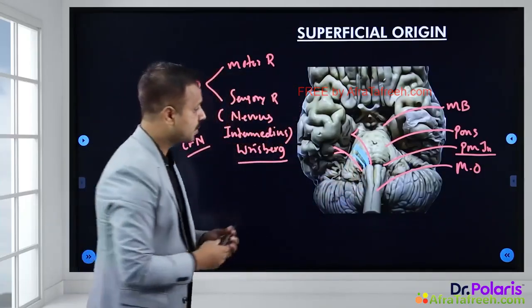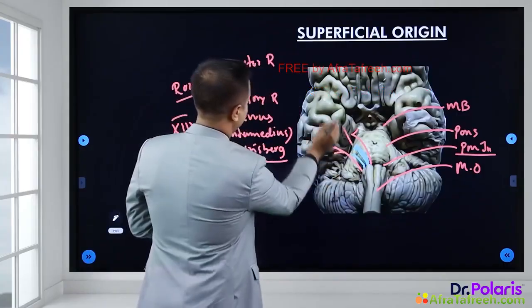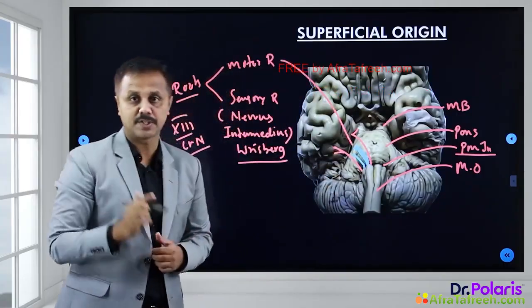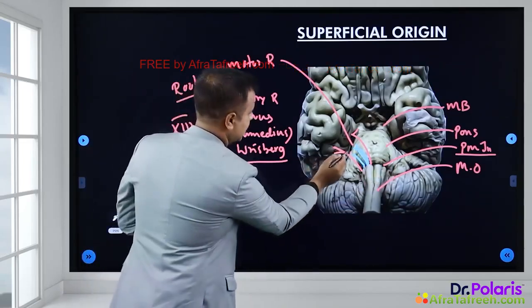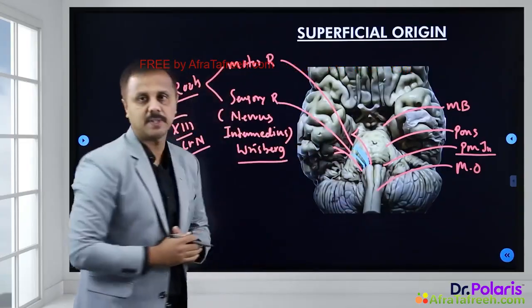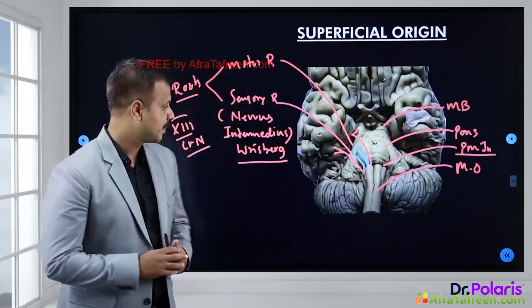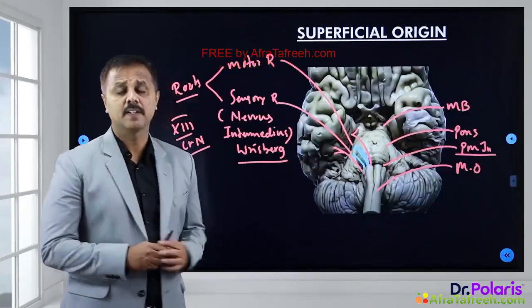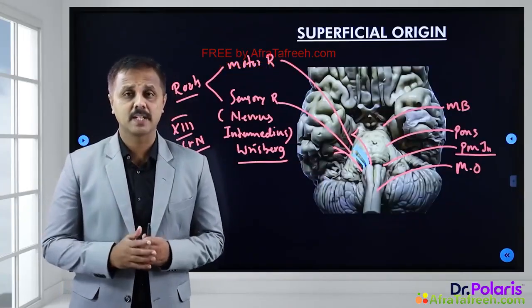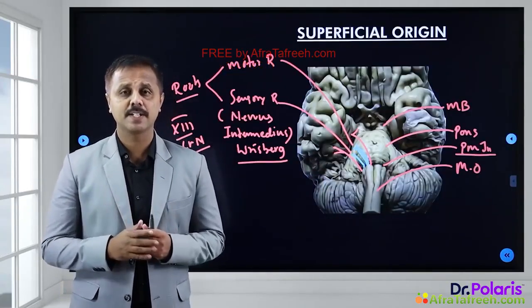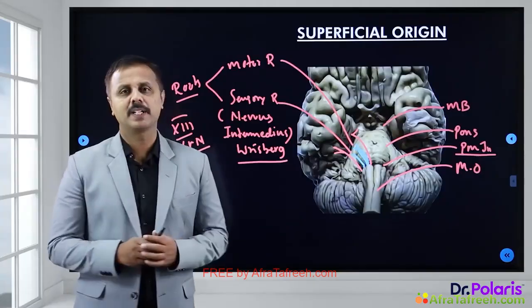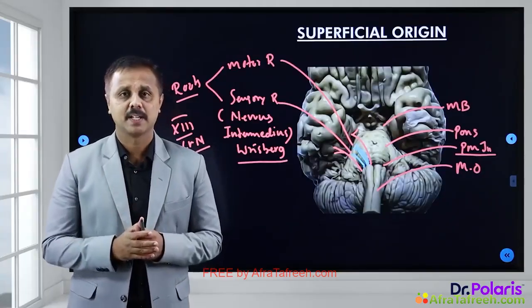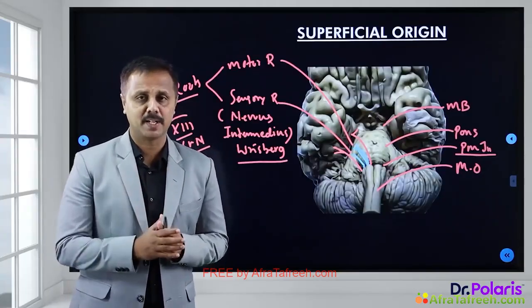Now what are these two roots? Remember, this is the motor root which is large and present medially, and then this is the small sensory root. Now why we need to know this? In case of facial nerve, the motor root is larger because the main function of the facial nerve is to innervate the muscles of the face, whereas the sensory component has a smaller function. Now compare this with the trigeminal nerve.